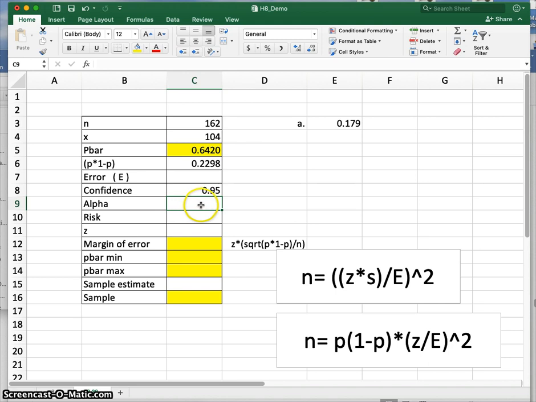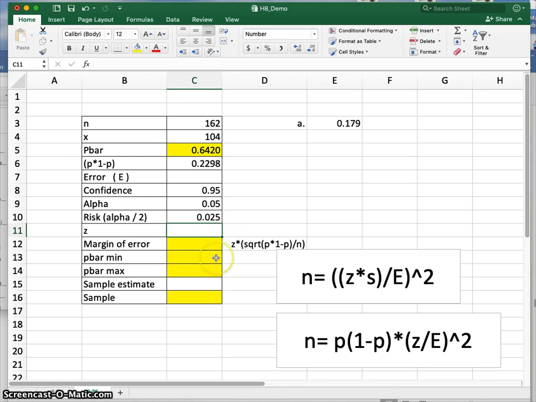So that means that our alpha is, as always, 1 minus confidence. And our risk, or that's alpha divided by 2, equals this divided by 2.